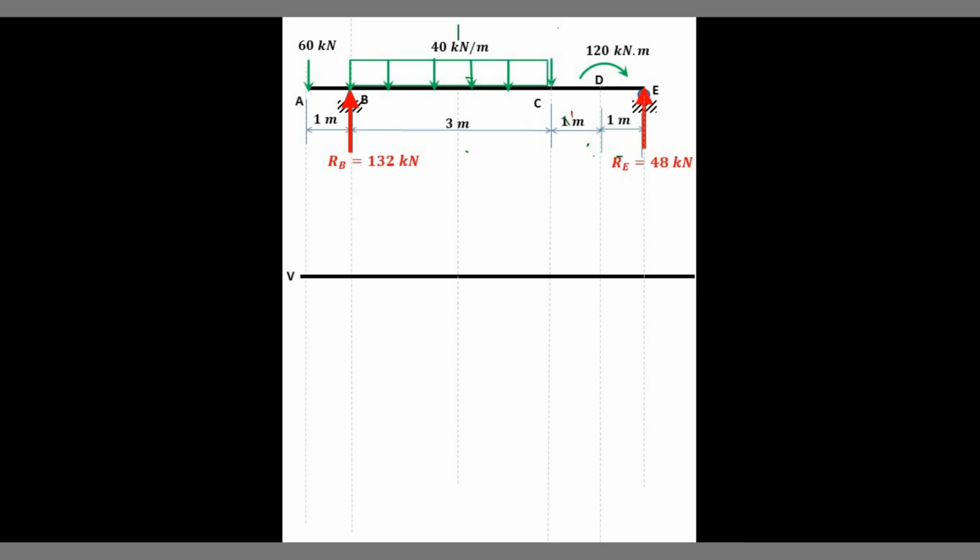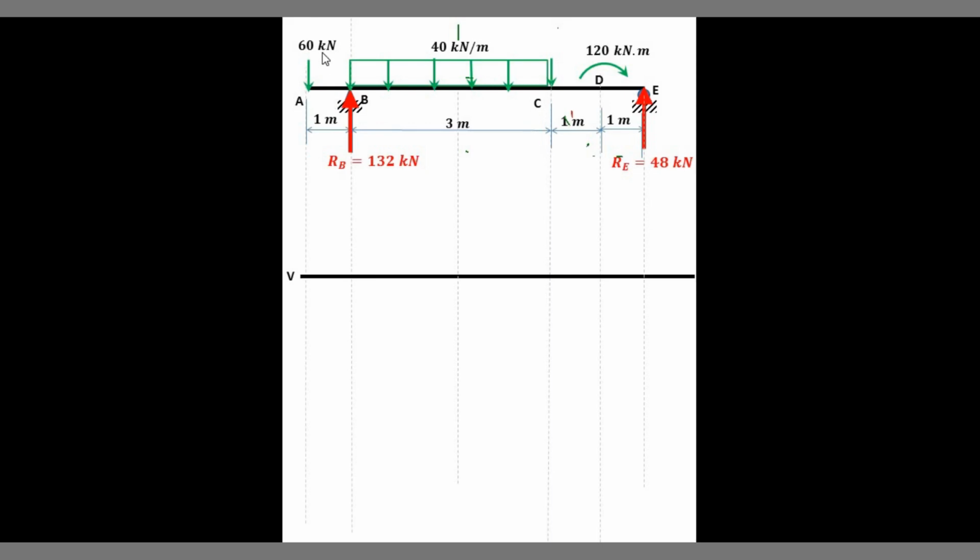So, for this one, since dun kasi sa may first na nabasa natin kanina, the slope of the shear diagram at a point is equal to the intensity. So, if we're going to draw the shear diagram, dito kay point A, meron tayong 60 kilonewtons downward.